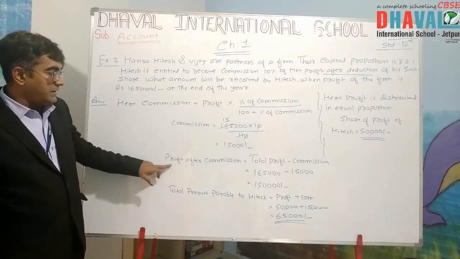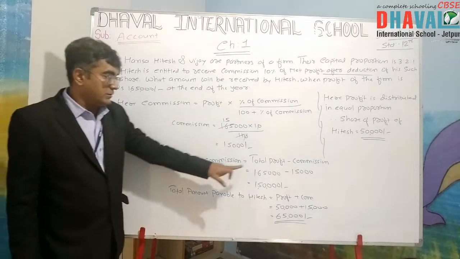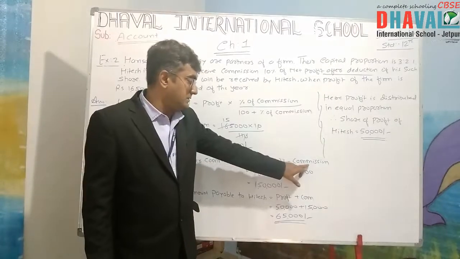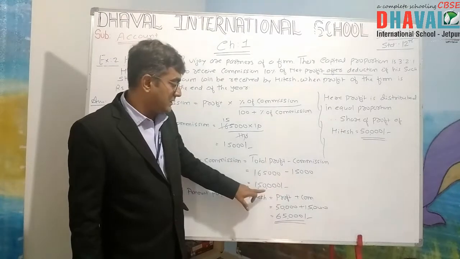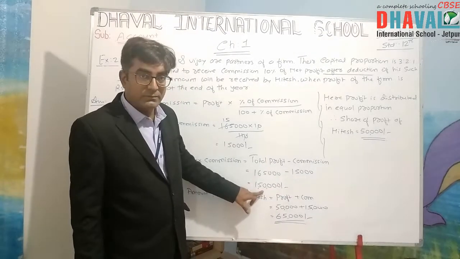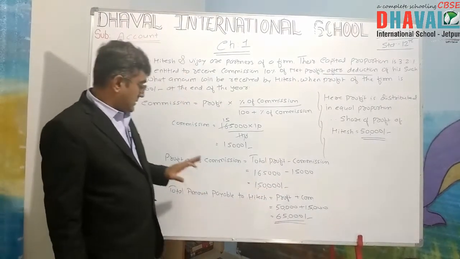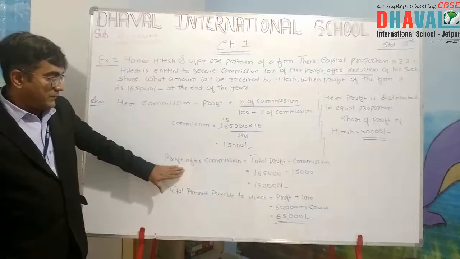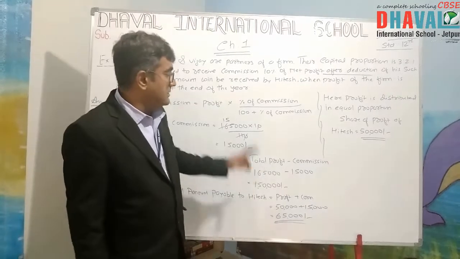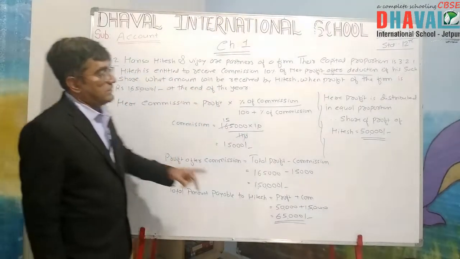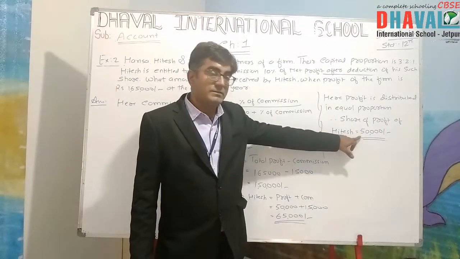Now, profit after commission. Total profit minus commission: 1,65,000 minus 15,000, you get 1,50,000. This is the profit after commission. This profit we divide among the three partners in equal proportions, we get here also 50,000.